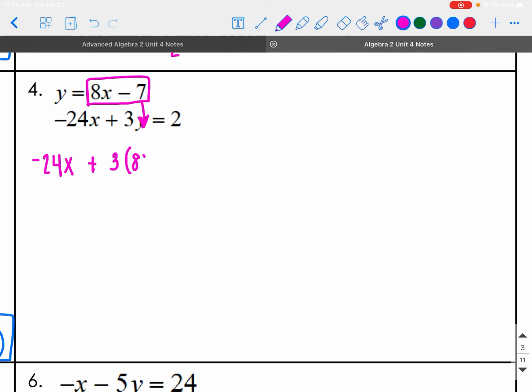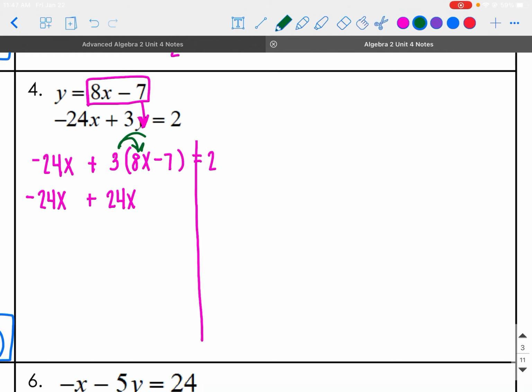Now I'm going to take out the y and put in 8x minus 7 equals 2. Negative 24x. Then I distribute 3 times 8 is plus 24x. And 3 times negative 7 is negative 21.